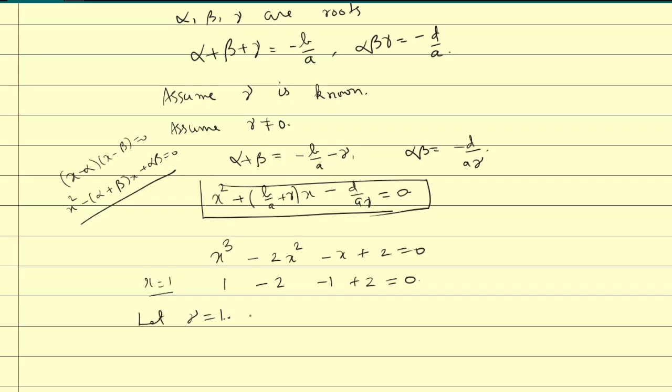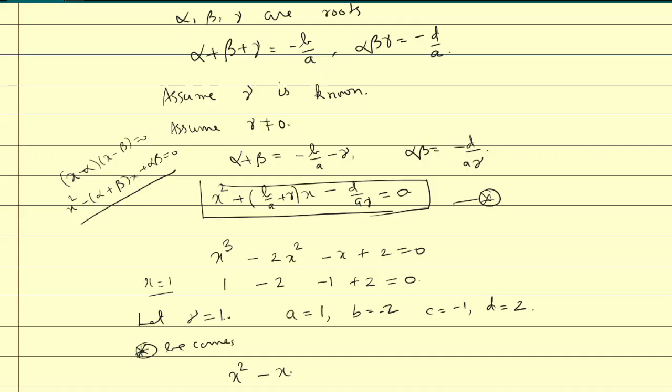Then once you have gamma is 1 and our a is 1, b is minus 2, c is minus 1, and d is 2, then this equation star becomes a quadratic equation given by x square plus (b by a plus gamma), which will be minus 2 plus 1.